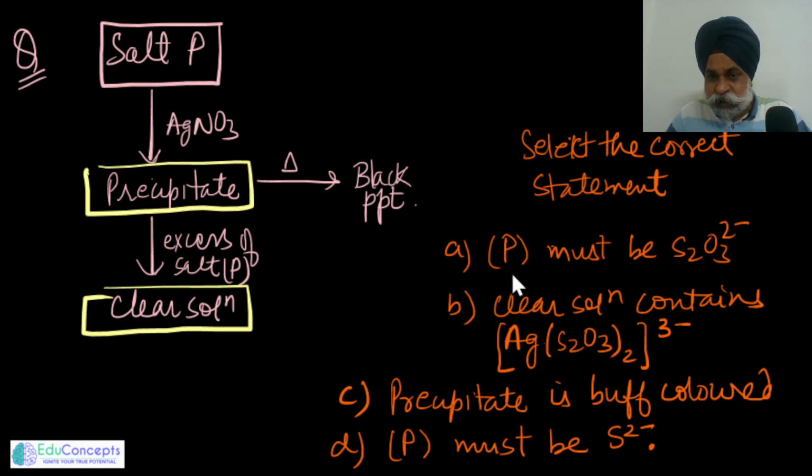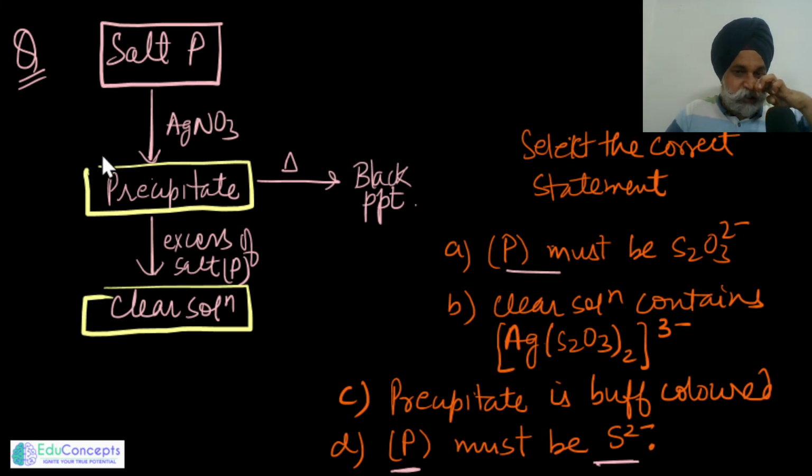If you see option A, if I mark it here, option A is talking about the sulfide ion, and this also talks about the sulfide ion. If I have to start from option A or D, I may think about two things happening here. Let me show you.